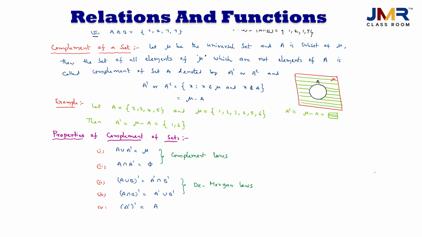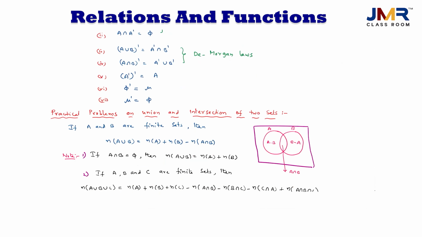Then we get the elements 1, 6, exclusively these two elements which are present in mu but not in A. Now from the Venn diagram, mu minus A means you have to remove A from mu. So mu minus A is the shaded part, which is exclusively outside of A but inside mu. This is A complement.